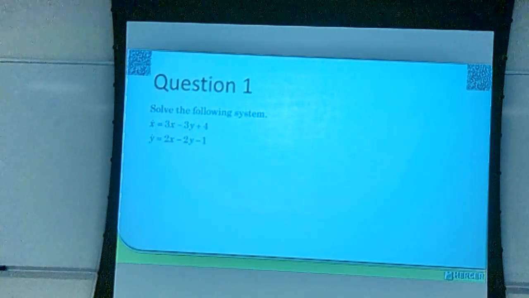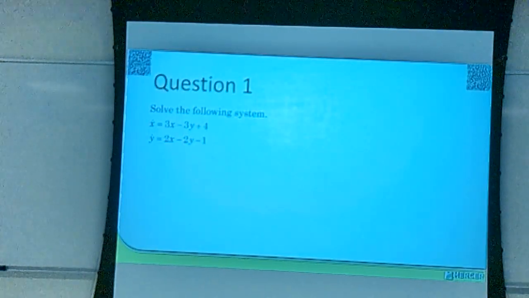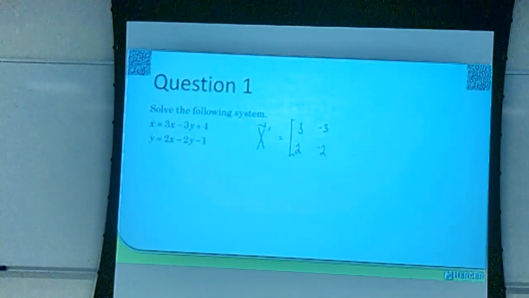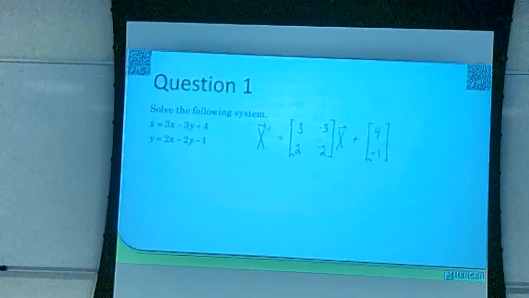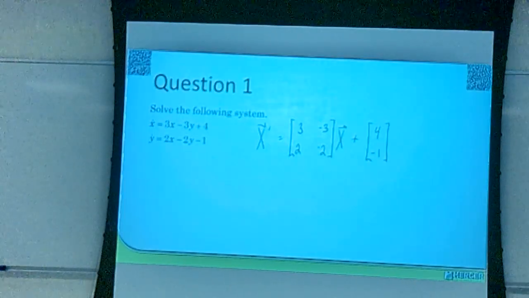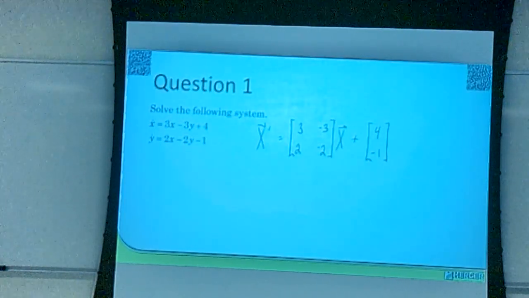So let's solve this system. Write it in matrix form first. That would be in matrix form, right?